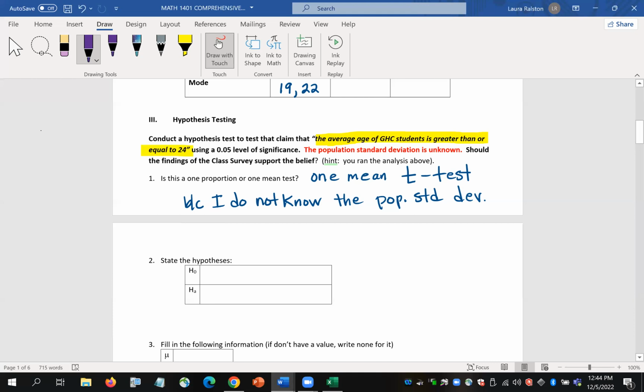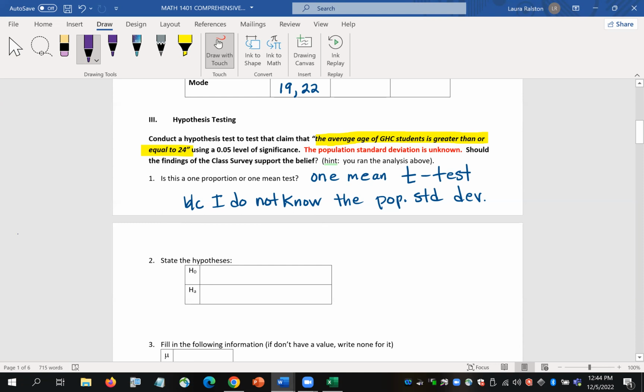The population standard deviation is unknown. Should the findings of the class survey support the belief, and it says hint, you ran the analysis above.